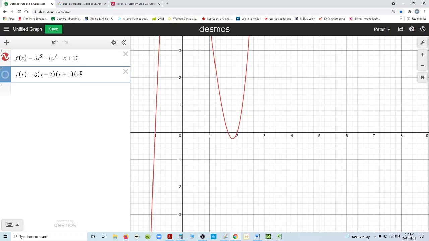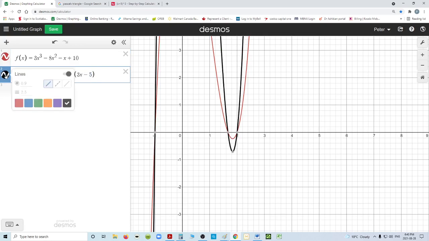That's probably 3x minus 2. No, hang on. So this one, 1.67, is 1 2/3, and that's 5/3, which is the same as 3x minus 5.